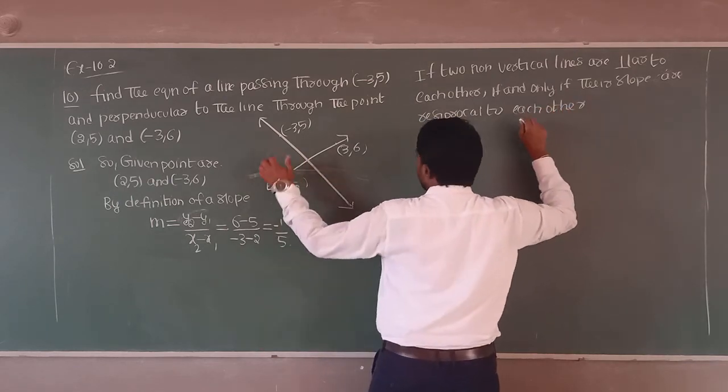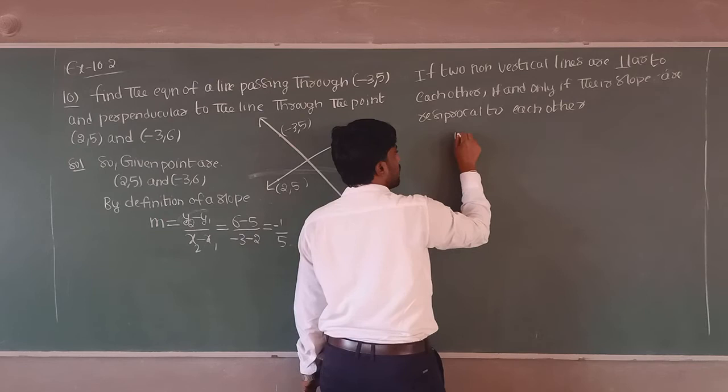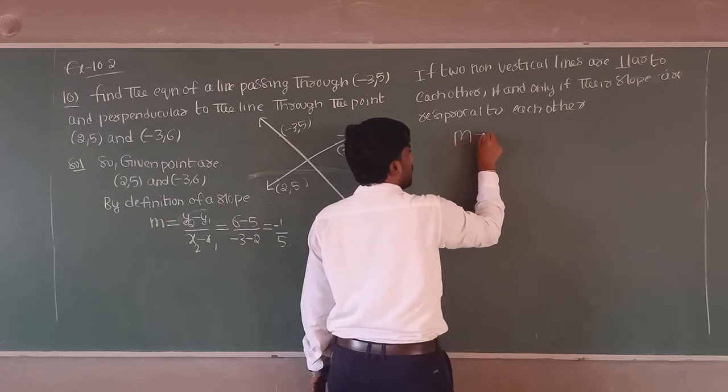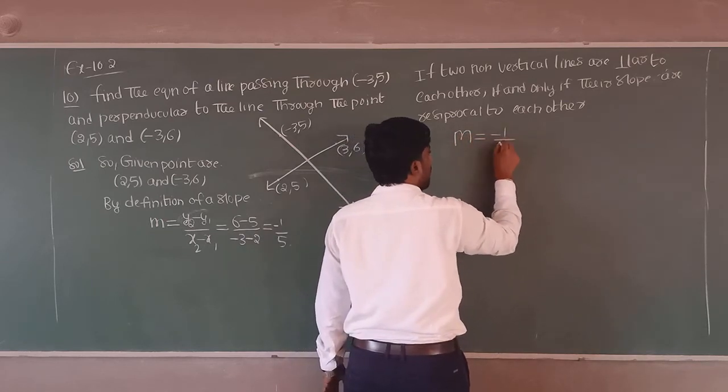Then the slope of this line, if I take it m equal to -1 by small m.